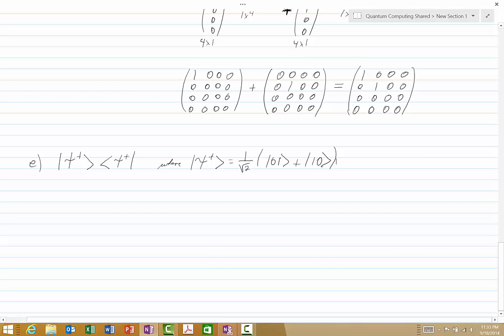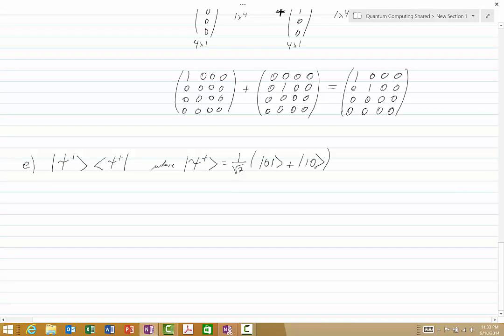So we have 0 1 plus 1 0, and remember 0 1 corresponds to the vector 0 1 0 0, and 1 0 corresponds to the vector 0 0 1 0.